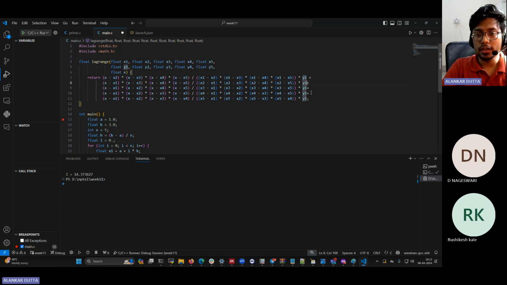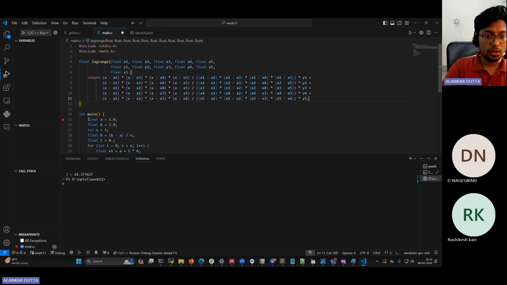Then we will have something like y2, y3, y4, and y5. All these are the values where we want to find this out.